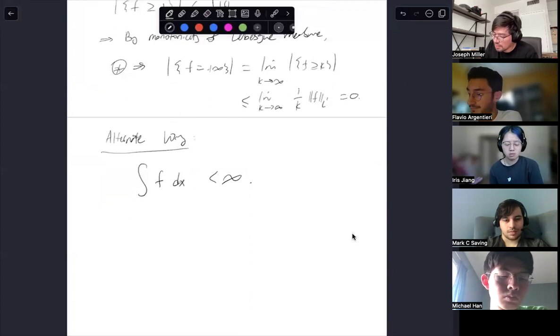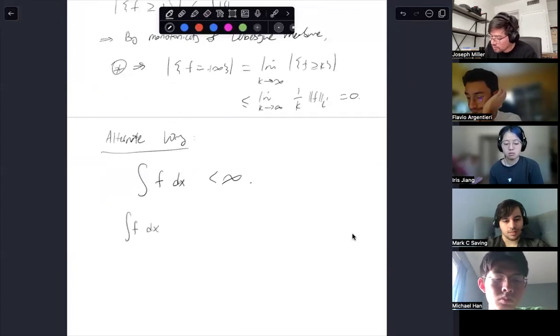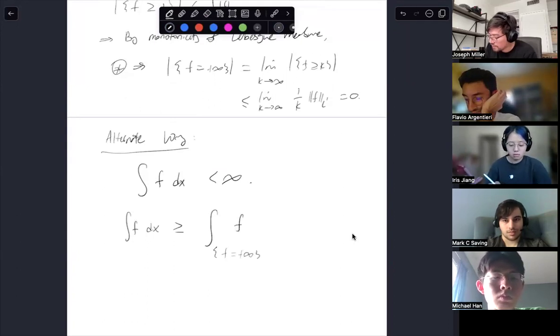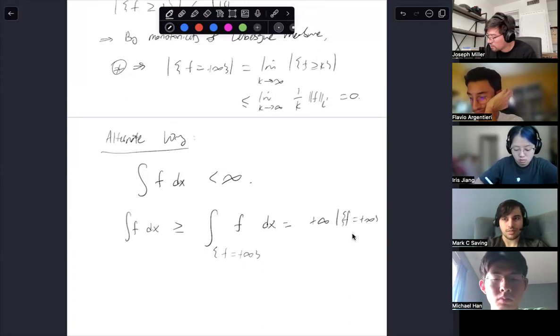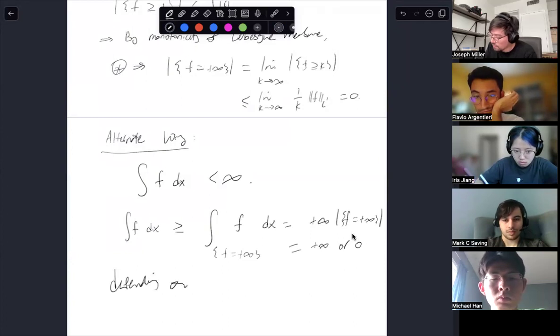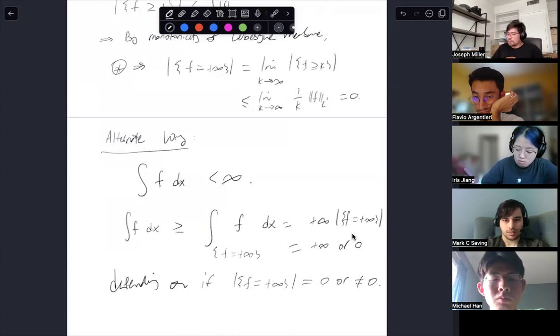The integral of f dx on the whole space is greater than or equal to the integral where f equals positive infinity of f dx, which is equal to positive infinity times the measure of the set where f equals positive infinity, which is either positive infinity or 0, depending on if this measure is equal to 0 or not equal to 0. So those are the two cases.